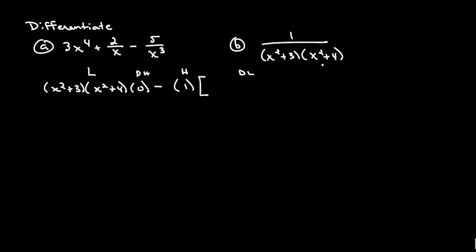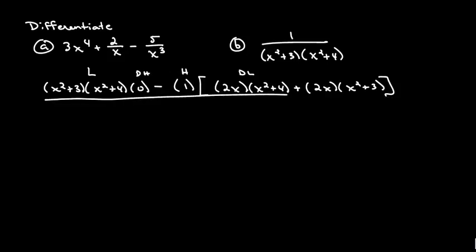I can't just automatically apply the power rule here because I have the product of two functions. So I've got to take the derivative of the first times the second function plus the derivative of the second function times the first, like that.